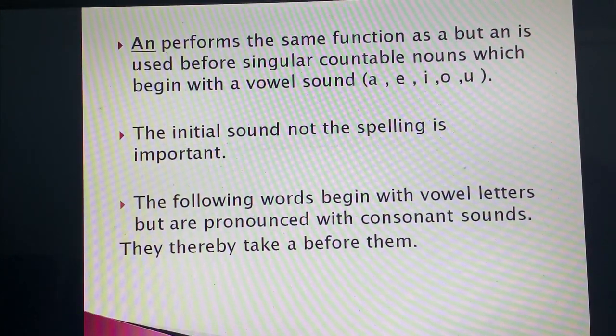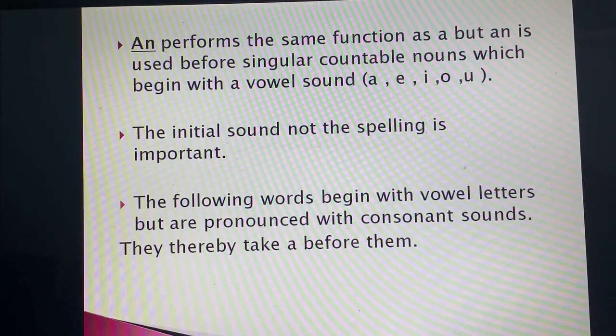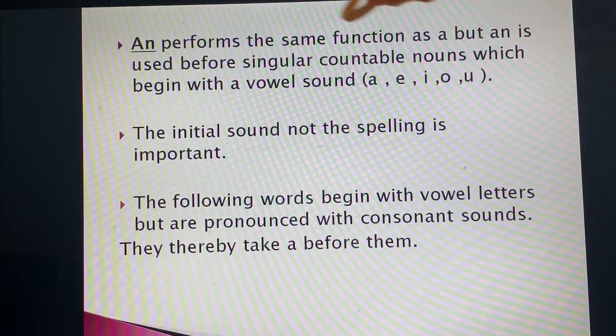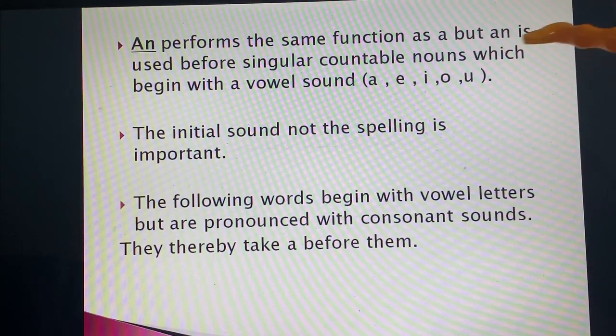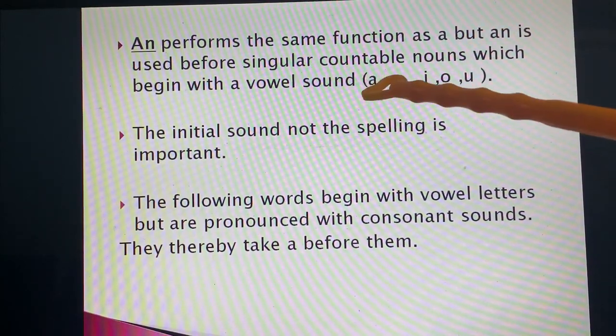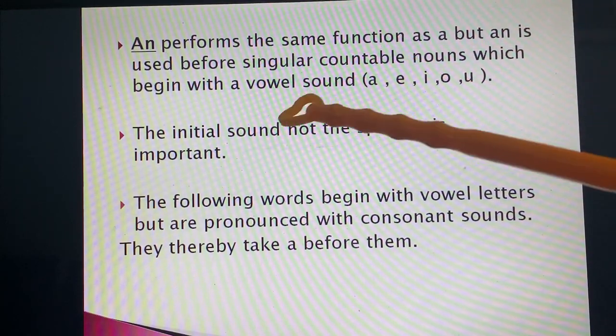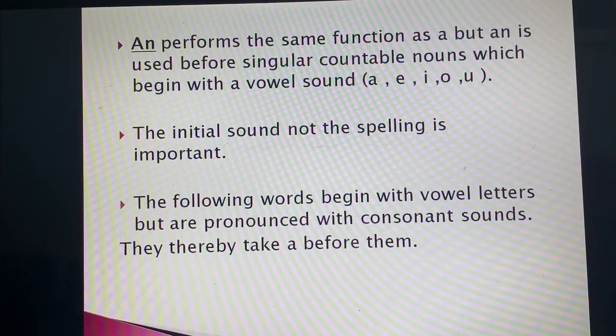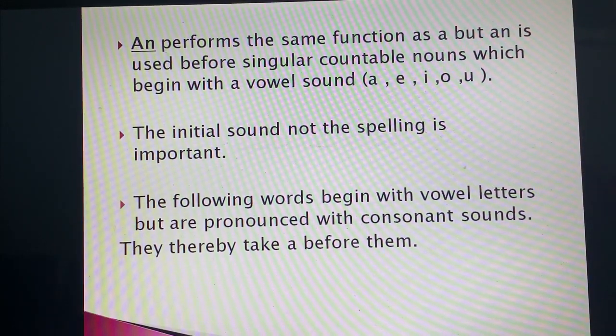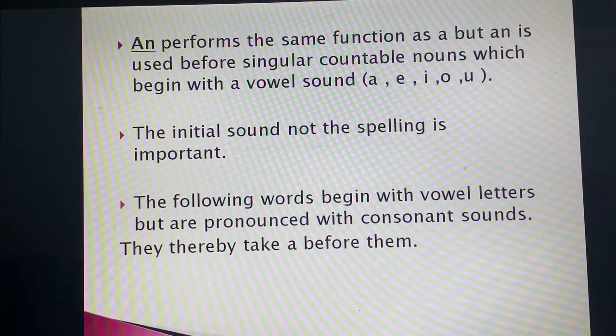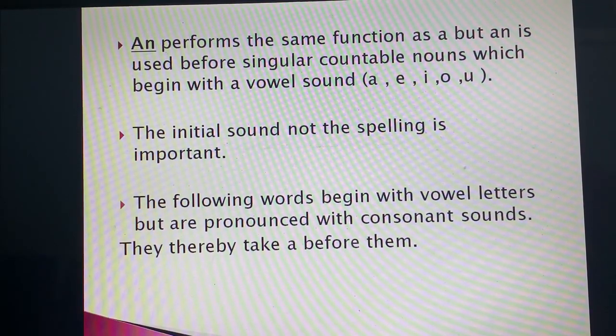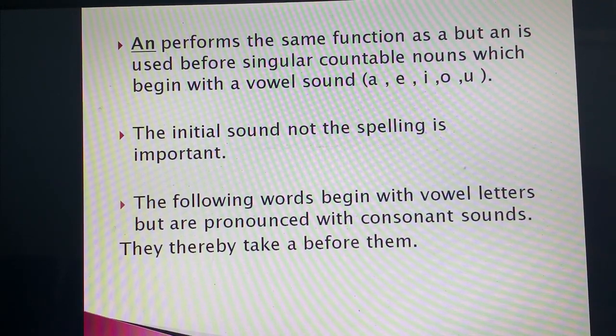Now, an performs the same function as a. An is also used with a singular countable noun, but an is used before singular countable nouns which begin with a vowel sound. This I have told you. A, E, I, O, U, इनसे तो शुरू होते हैं, लेकिन पहले इनकी साउंड चेक करते हैं, बोलते हुए, माउथ से बोलते हुए इनका साउंड चेक करते हैं, इनकी स्पेलिंग्स नहीं.